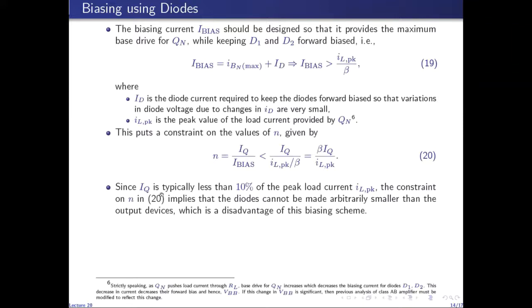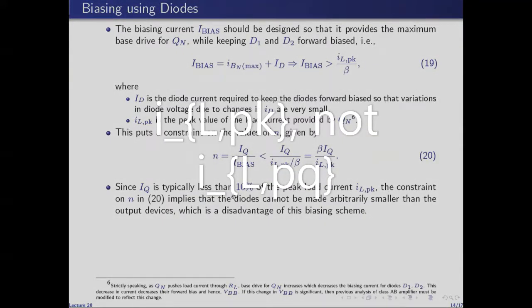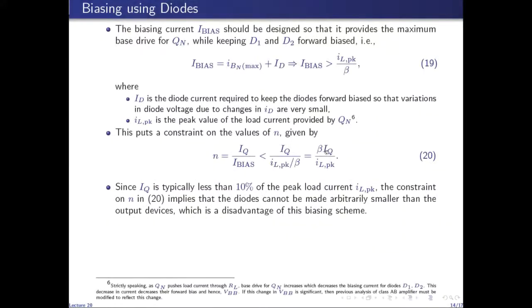So since typically the quiescent current is small compared to the peak load current, typically less than about 10% of the peak load current, this constraint on N, because IQ is typically small, the ratio of IQ over ILPQ will be about 0.1 or less.